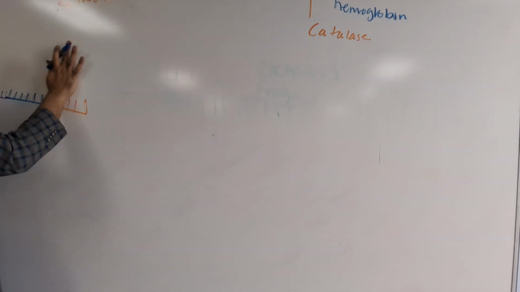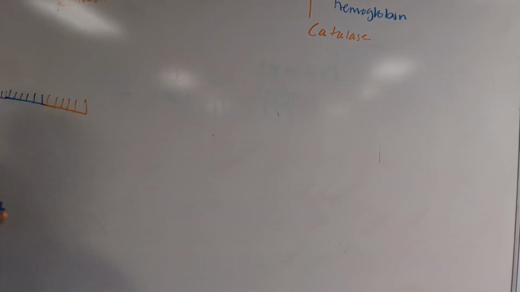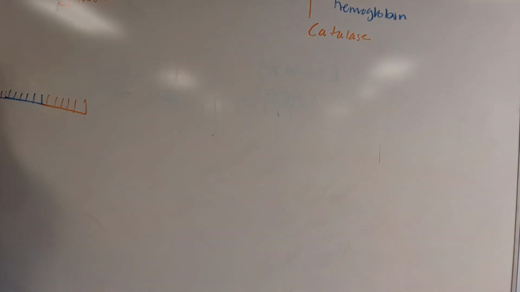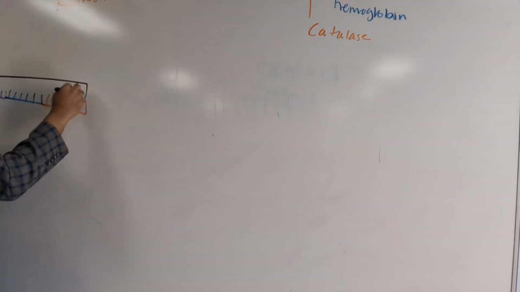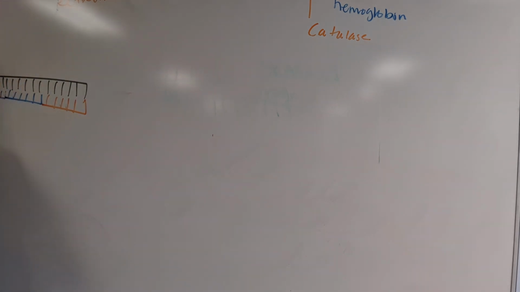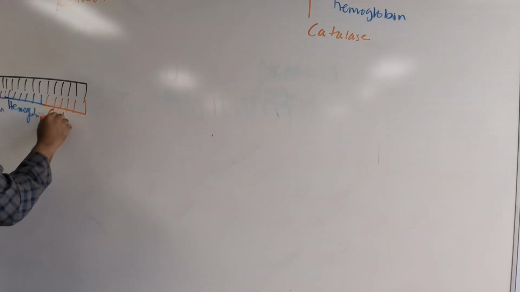So now if I want to transcribe, purple is for myoglobin. Blue is for hemoglobin. And orange is for catalase.